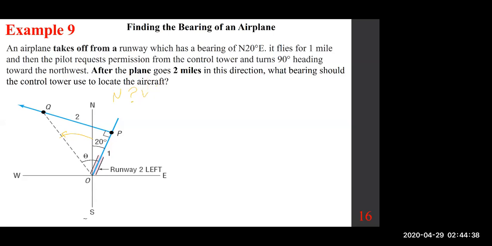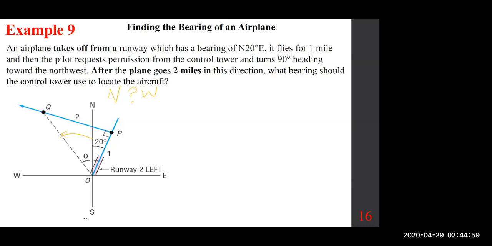I don't know if it got any better, but you get the picture. So this is the answer. North, we need to figure out the angle, and it's west.